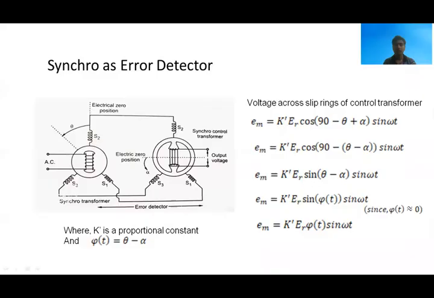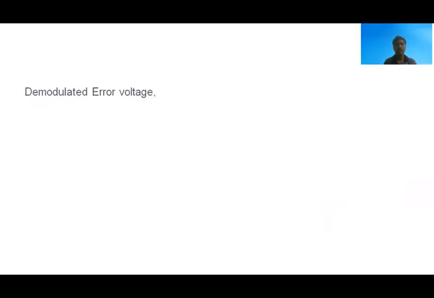This is the modulated error signal of the synchro error detector, which is proportional to phi of t and also depends on sin of phi of t. This modulated error signal is demodulated by the signal conditioning circuit to drive the motor.